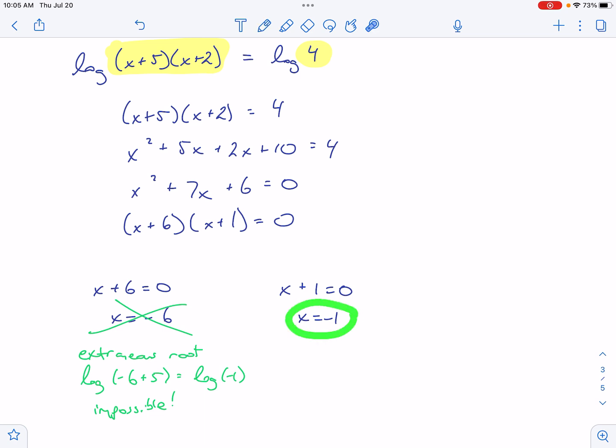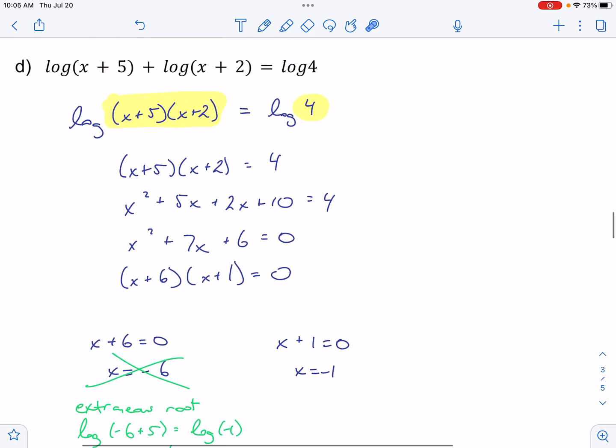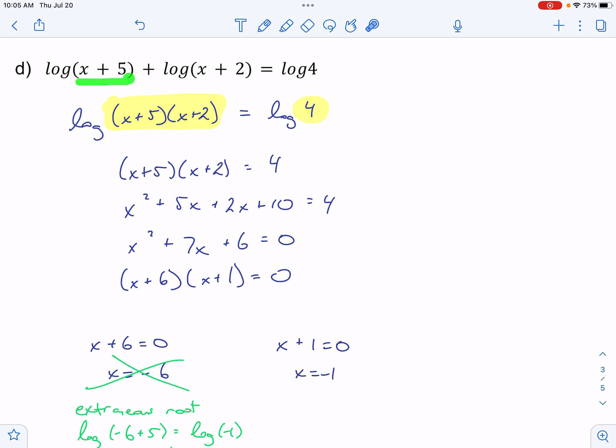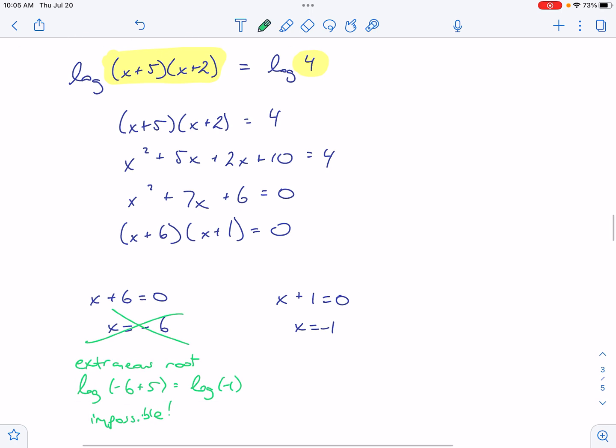I'll check my -1. If I put -1 in my first bracket, I will still end up with a positive. And if I put -1 in my second bracket, I will also still end up with a positive. So -1 is a possible answer, and in fact, it's going to be our only answer here.